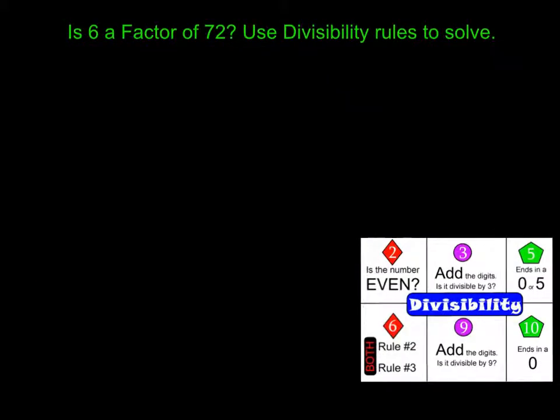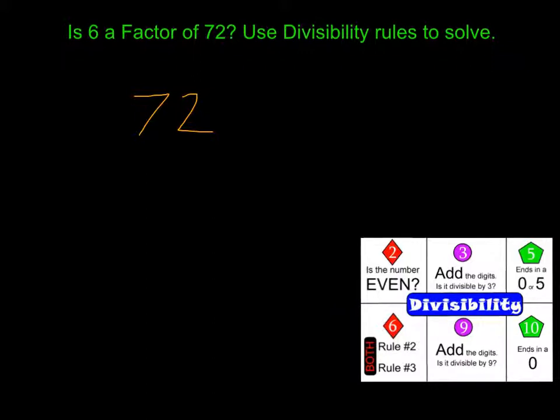Now we're going to try and find out if 6 is a factor of 72 using divisibility rules to solve. So we're going to take our 6 and our 72. We want to know if it's divisible by 6, so we look over here at the 6, and it says both rule 2 and 3. Rule 2 is: is the number even?